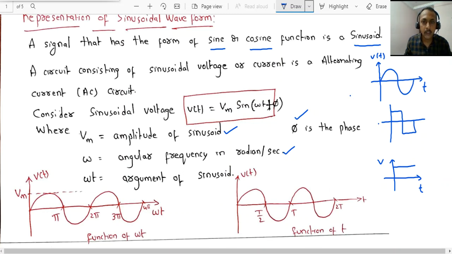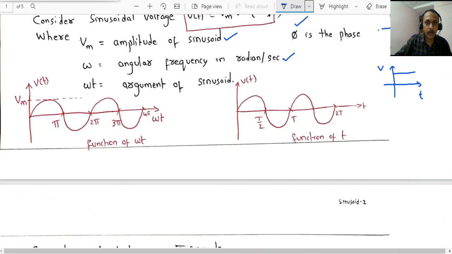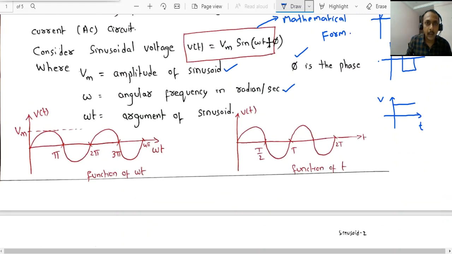In graphical representation, the waveform will look like this: v of t equals Vm sin omega t. I have drawn it in the form of a graph.